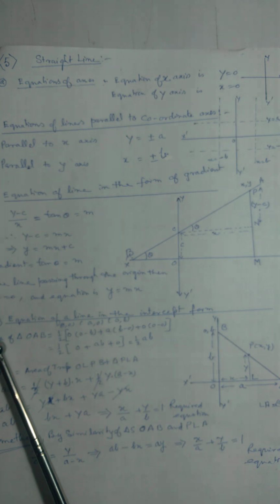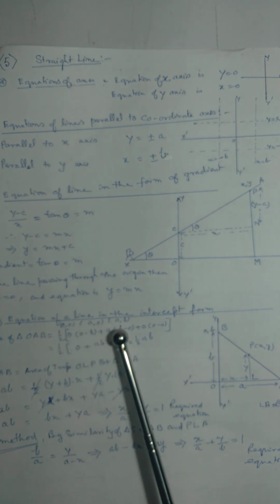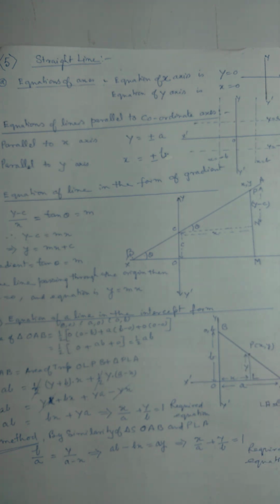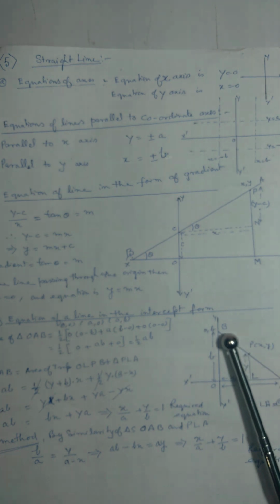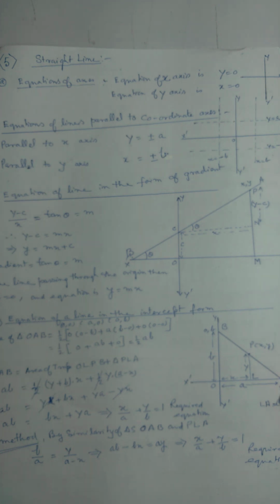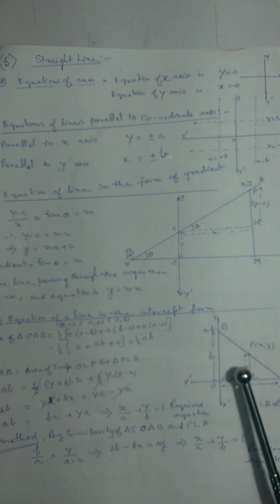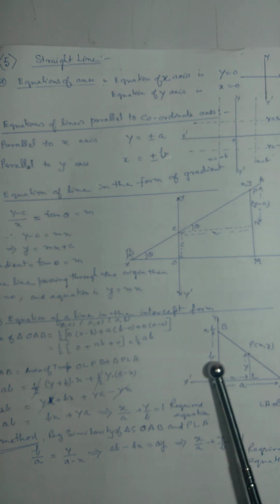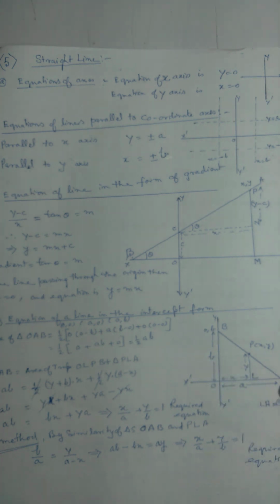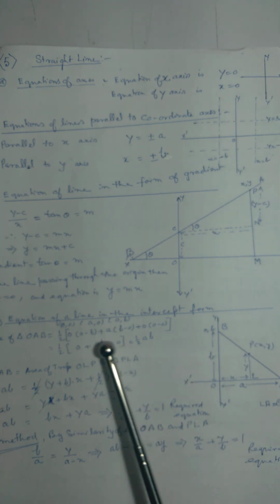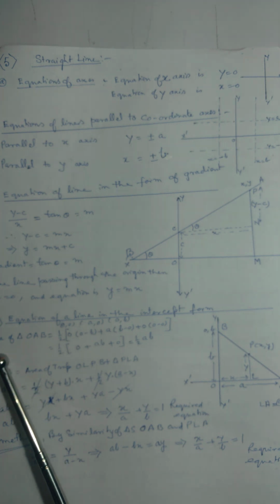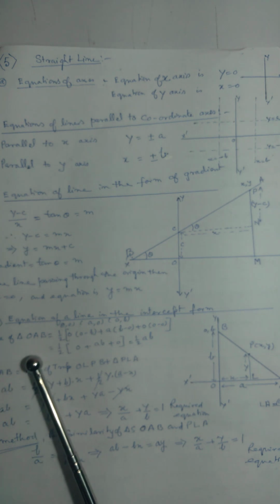Now proceed to the D part, that is the equation of a line in the intercept form. You see, there is a line AB which intersects y-axis and x-axis at the points A and B. So OA is equal to small a and OB is equal to small b. These are the intercepts on x-axis and y-axis. So here you see there is one formula to find the area of the triangle OAB.